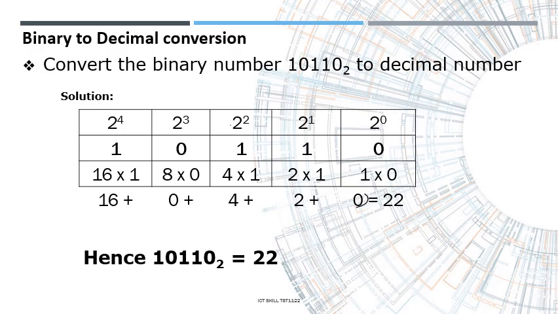Then 2 times 1 is 2. This one is 4 times 1, 4. This one is 8 times 0, so 0. And this one is 16. You add all the numbers and you get 22. So that is the decimal number.